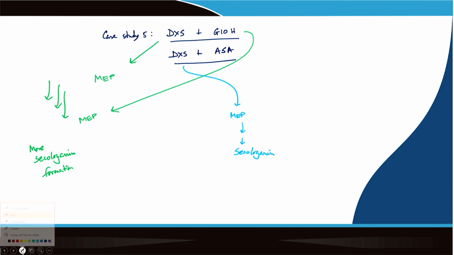whereas ASA, anthranilate synthase, acts on anthranilate, which is a product of the shikimate pathway, and eventually this leads to the formation of more tryptophan.